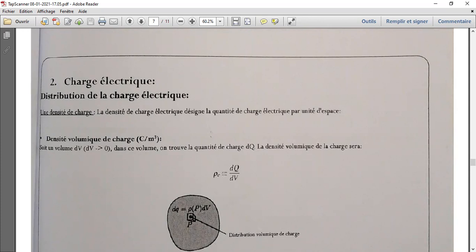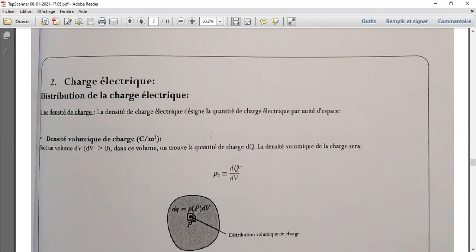rho, this is rho, is equivalent to dq over dv. Q is the sign for the charge. So dq is the charge, and we add d because this charge can be found anywhere.